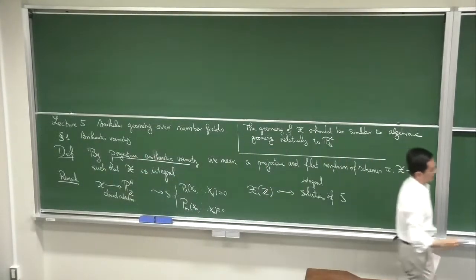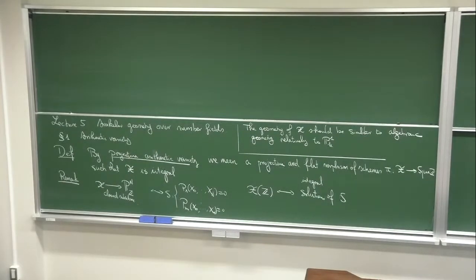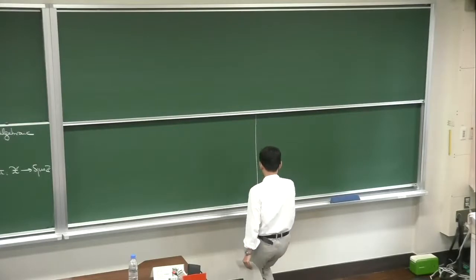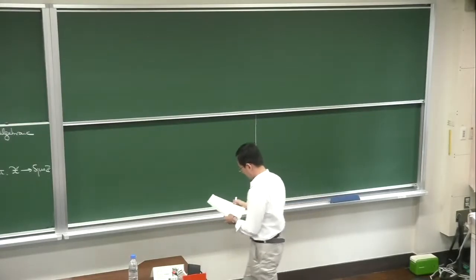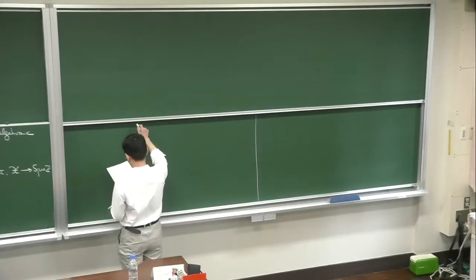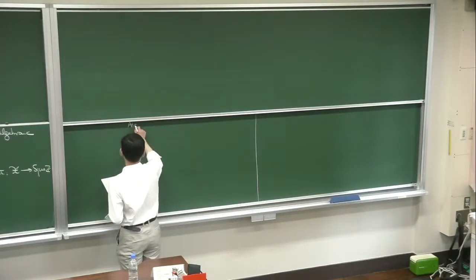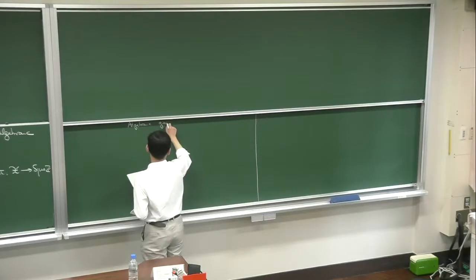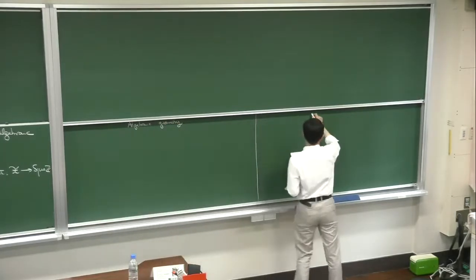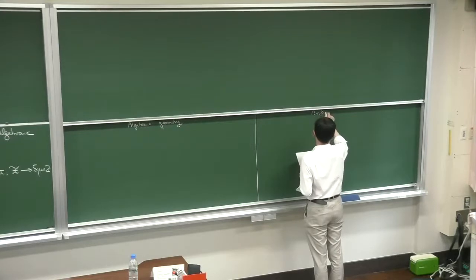So let me make a table comparing the two sides. Of course, these are very general ideas, so in the realization you need to do some work. I write on the left-hand side algebraic geometry, and here arithmetic geometry.